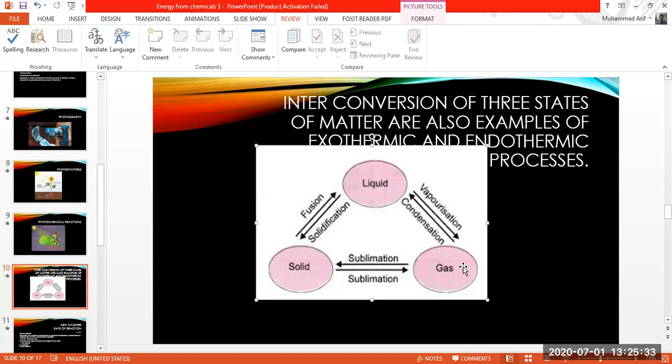Vaporization is an endothermic process. That's why all these physical processes are also important, and these also involve energies either absorbed or evolved. All these processes can also be regarded as exothermic or endothermic reactions.